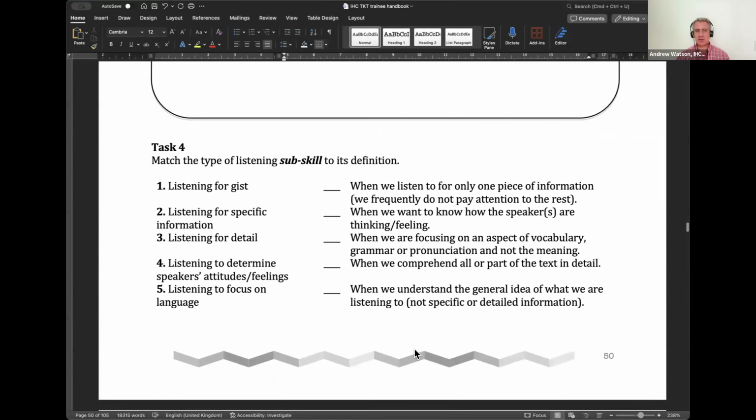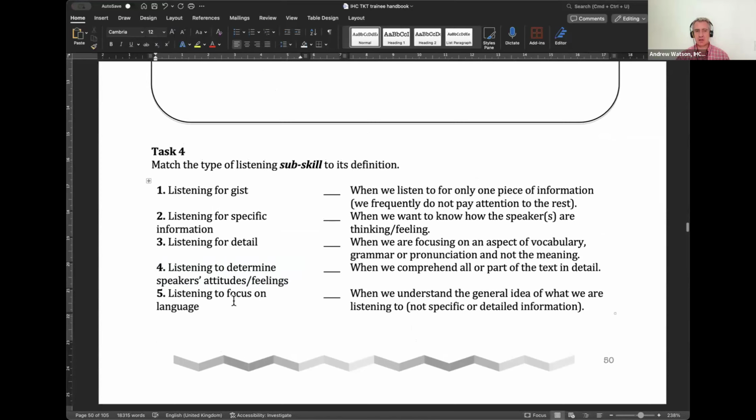So what is listening for gist? What is listening for specific information? What is listening for detail? What is listening to determine the speaker's attitudes and feelings? Which is listening to focus on the language?